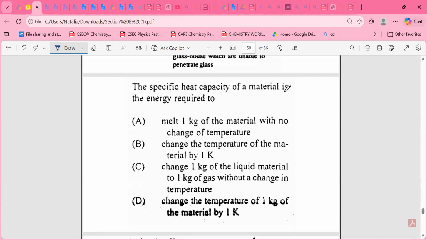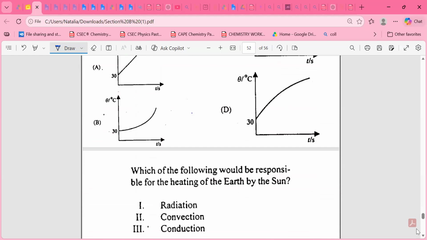The specific heat capacity of a material is the energy required to change the temperature of 1 kg of the material by 1 kelvin.